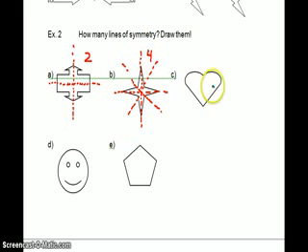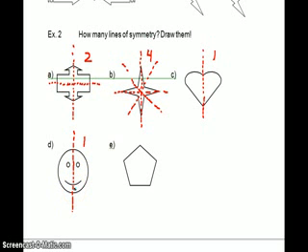For C, you can see that we can fold this right down the middle onto itself, and we can't fold it up or any other way, so that one's going to be 1. So we've got 2, 4, and 1 for our answer so far. Let's look at D. And the only place I see where we can fold this is right down the middle. Fold it over onto itself, so that has 1 line of symmetry.